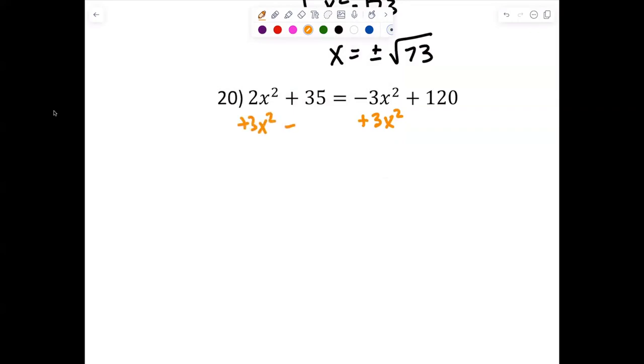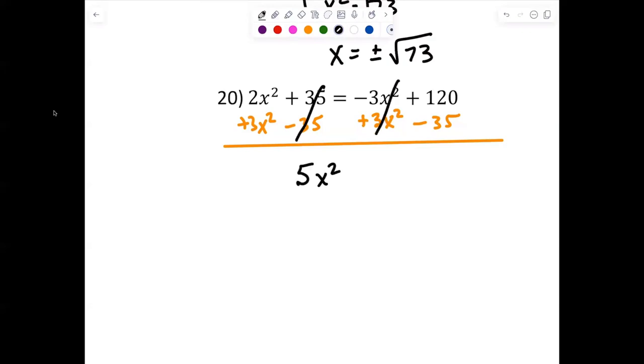And also subtract 35. From there, we end up with, wait a minute, be careful. Do you agree? 5x squared? Yeah, 5x squared equals 85. So now what? Divide by 5. X squared equals 17, which is nice.